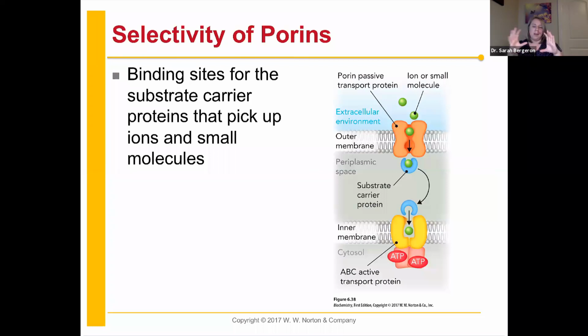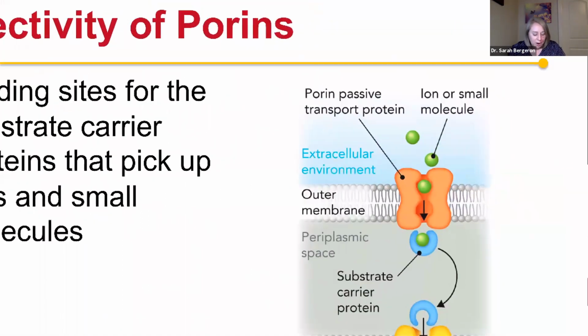If you have more beta sheets, your barrel is going to get bigger and bigger. If you have fewer beta sheets, it's going to be a smaller barrel. It's also going to depend on the chemical properties of the amino acid side chains that line that interior channel, which tell how much specificity or selectivity is inside of those porins.